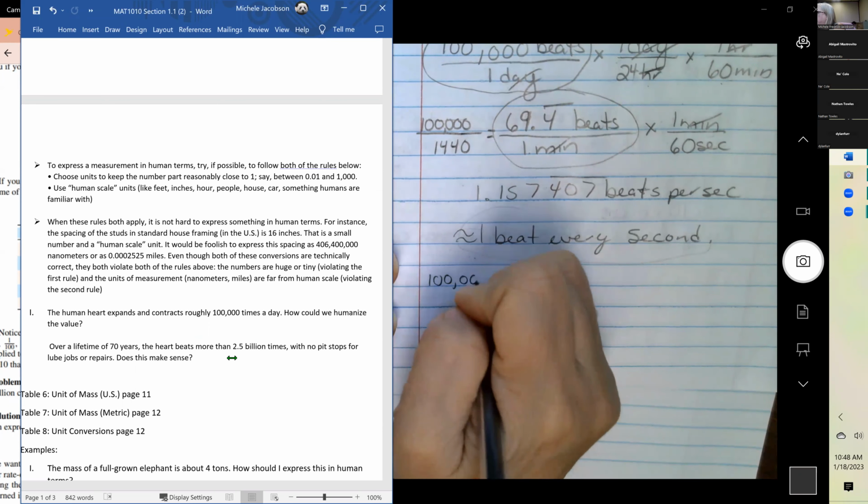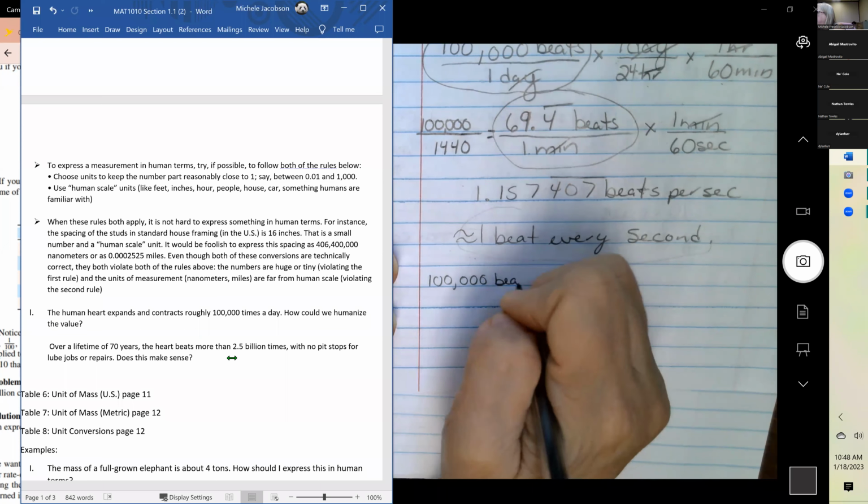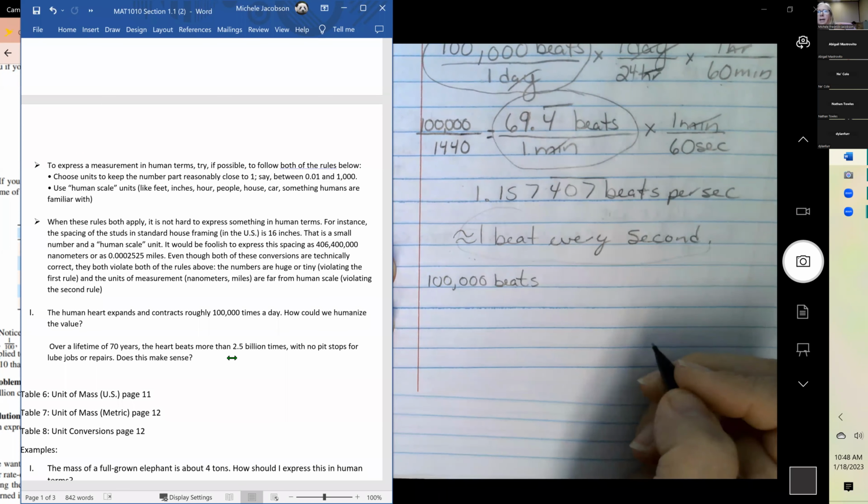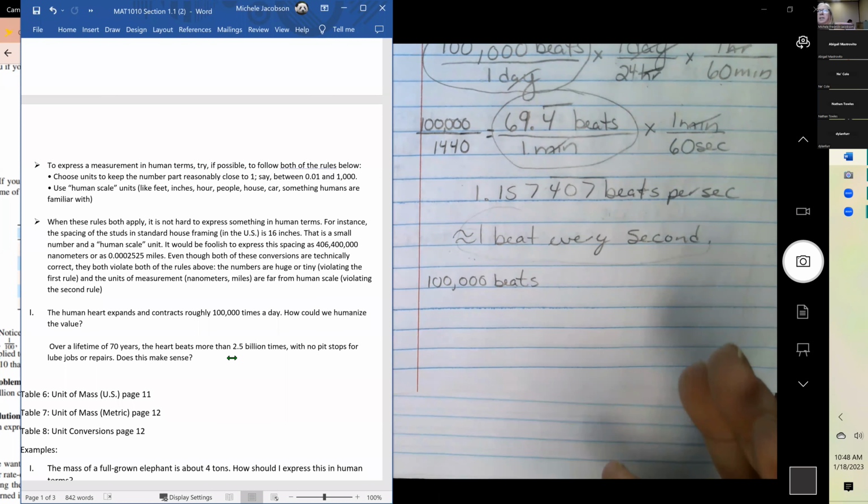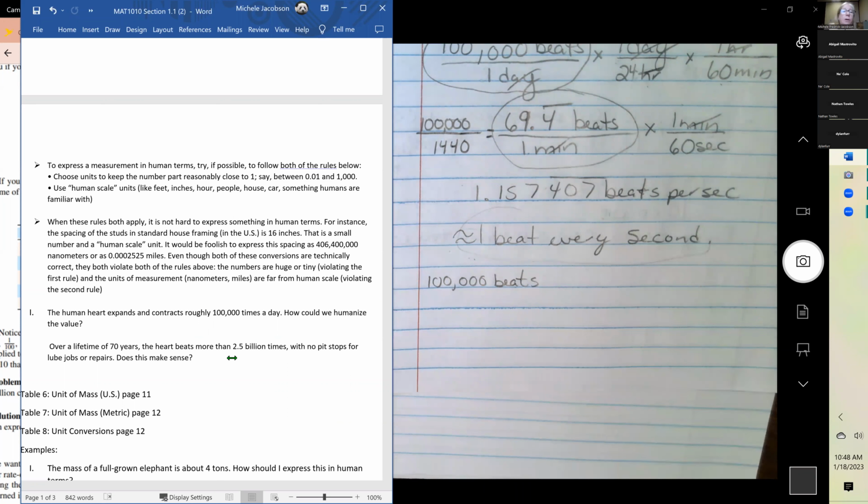So the whole point of this class is, when you're reading an article and it has numbers that you're like, that can't be, to be able to have a thought process to see if it does make sense. This was an article that was in a paper at one time, and it's a good one because we're comfortable with time to work out and see if it makes sense.